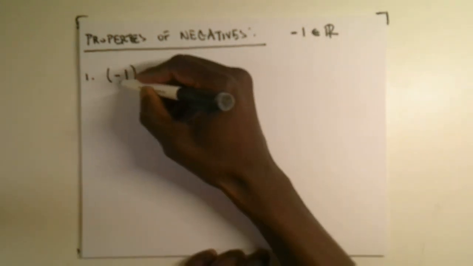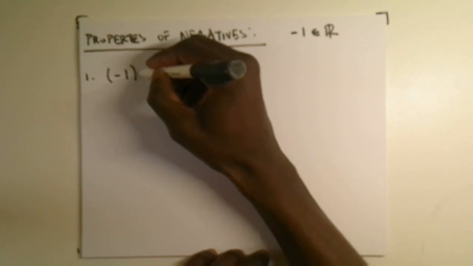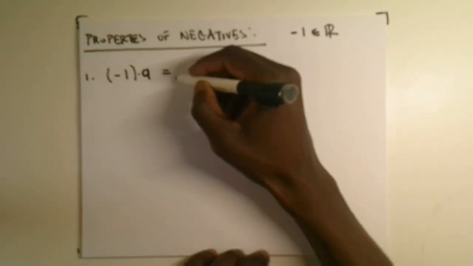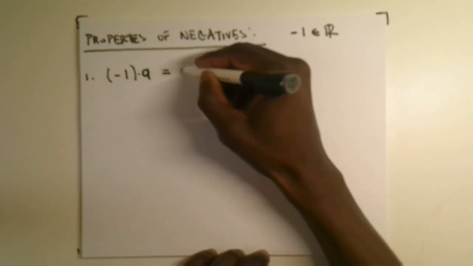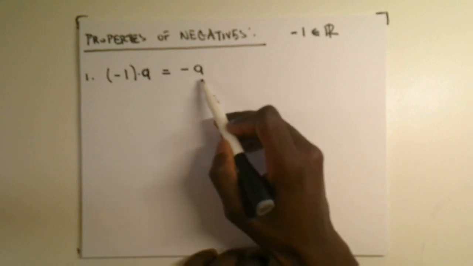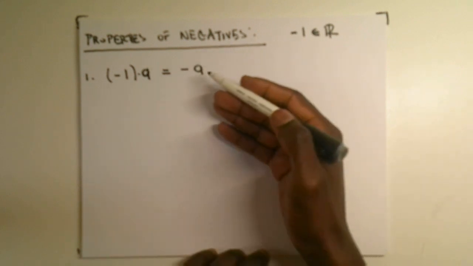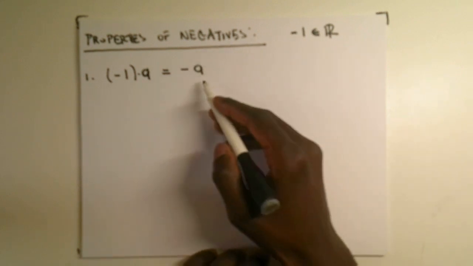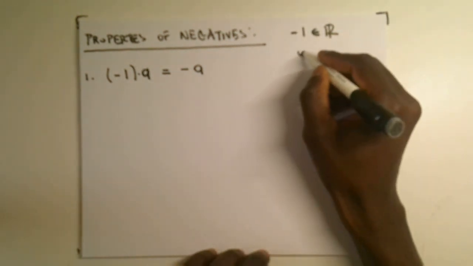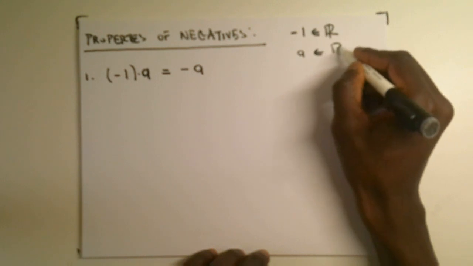So if I do -1 times A, and this A is a positive A, this will be defined as a -A, which we know exists now inside of this set R, right? So we know that A is in R.